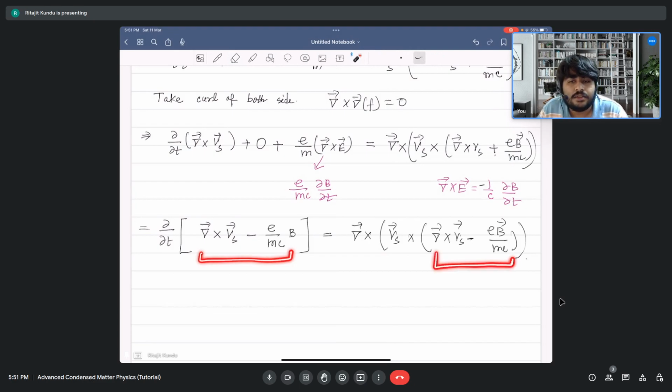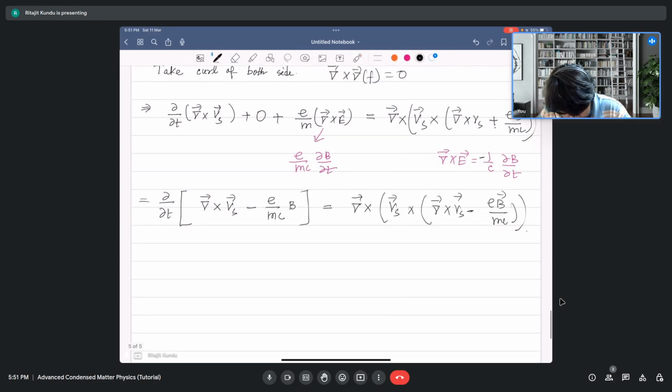Okay, and also what happens is that in steady state solution, or let's say in equilibrium, which means that I have turned on an electric and magnetic field, and I have waited long enough so that the transient behavior has diminished, and then I am looking into the system. Okay, so that is what the equilibrium is.